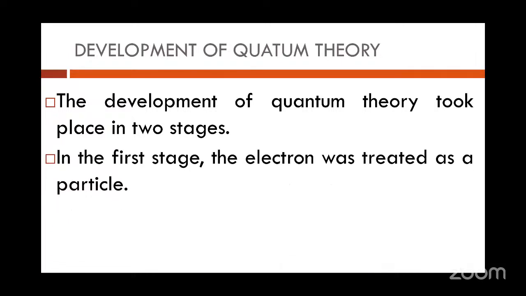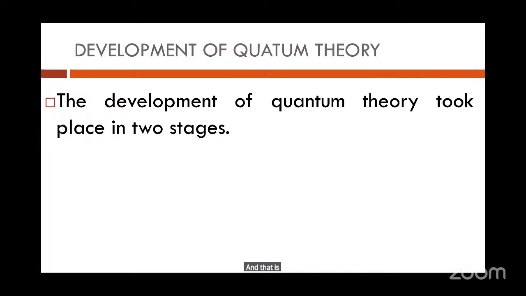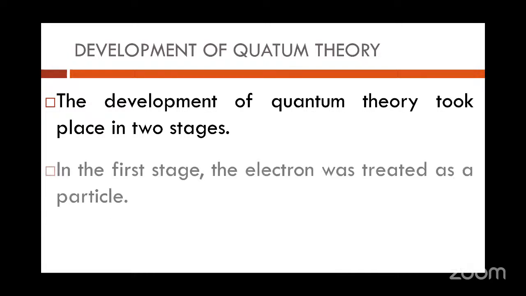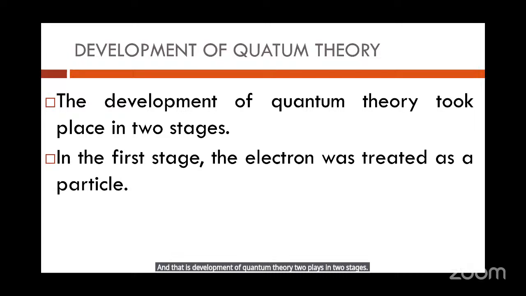Now, I'm adding just one information to it, and that is that this development of quantum theory took place in two stages. So I'm just going to add that briefly. In the first stage, electron was treated as particle. Remember I mentioned this last week.